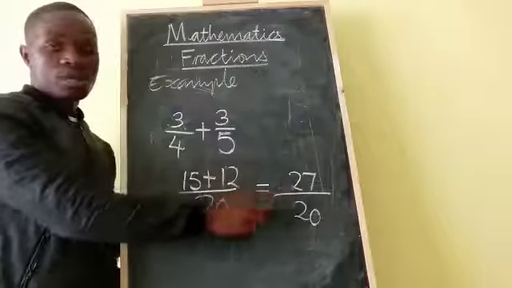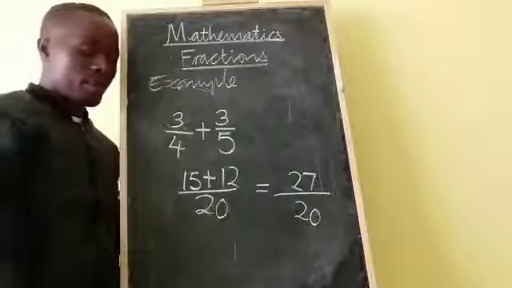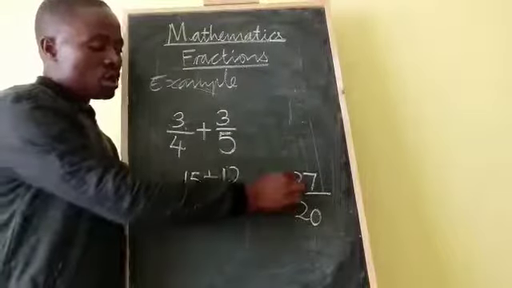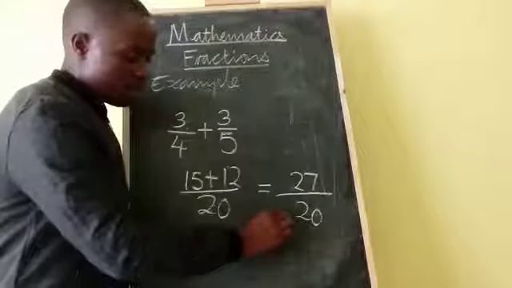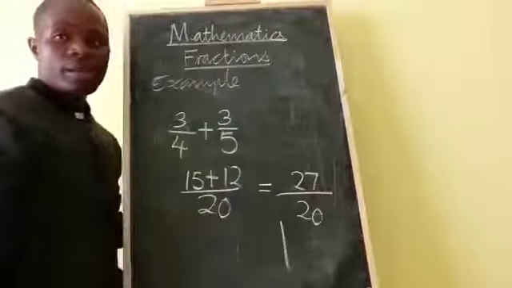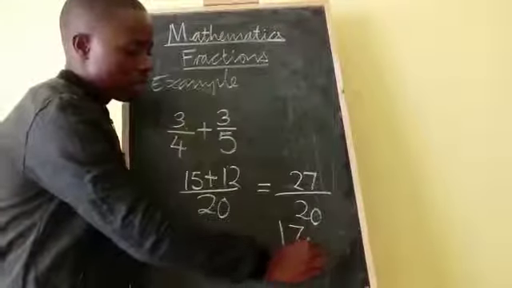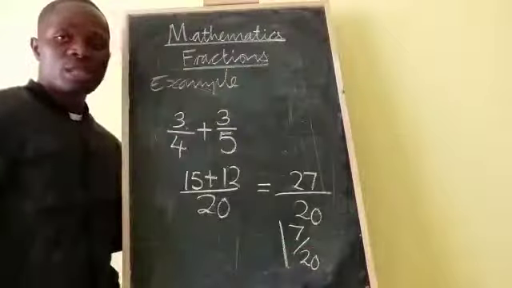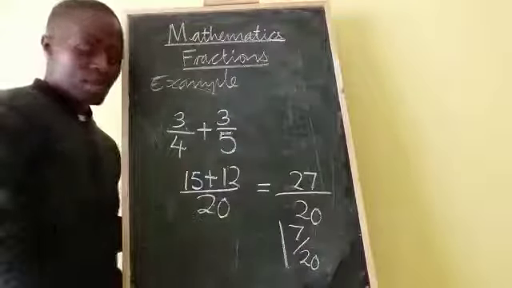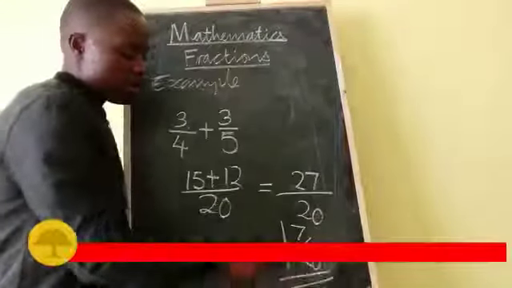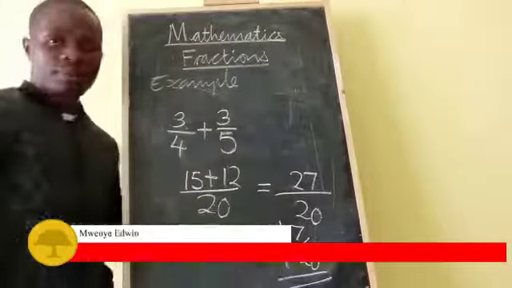We need to reduce this and take it to a mixed number. 20 into 27, it's 1. Then remainder 7 over 20. There is no number that can go into 7 and 20 without a remainder. So the answer will remain like that. That is our answer.